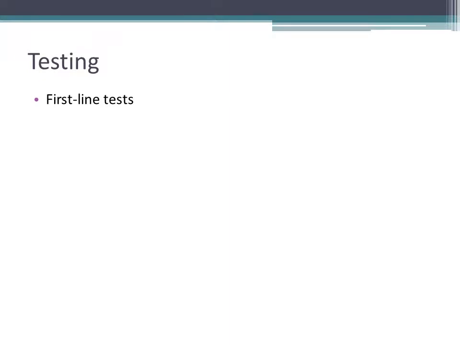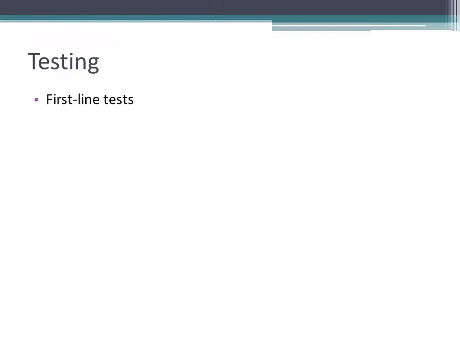So, testing for Cushing syndrome. I have to warn you that testing is very confusing. If we follow a very strict plan, that will make our life very easy. Remember, with Cushing syndrome, we start with screening tests first. There are 3 types of screening tests which I'm going to discuss.